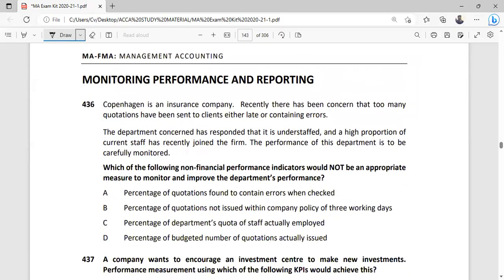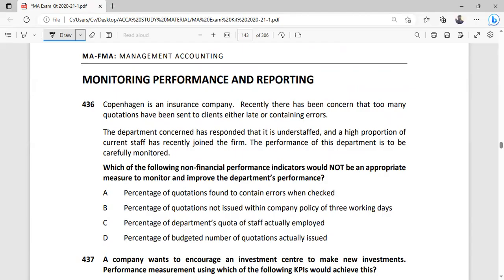Next one is monitoring performance and reporting. It is also part of performance measurement. C is an insurance company. Recently, there has been concern that too many quotations have been sent to clients, either late or containing errors.